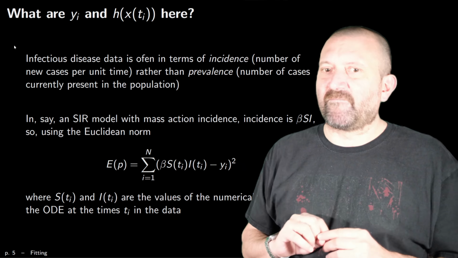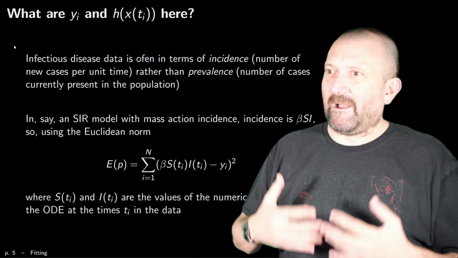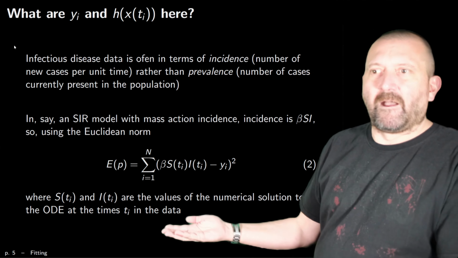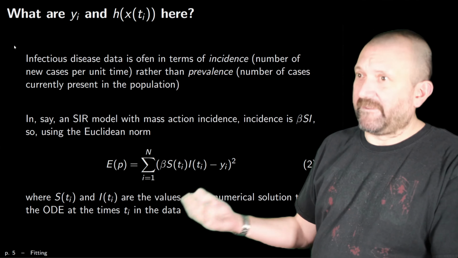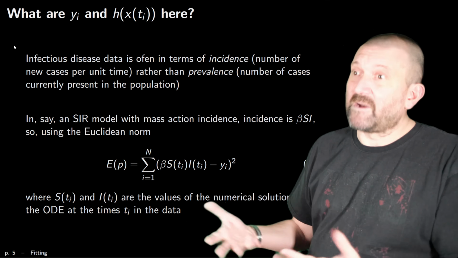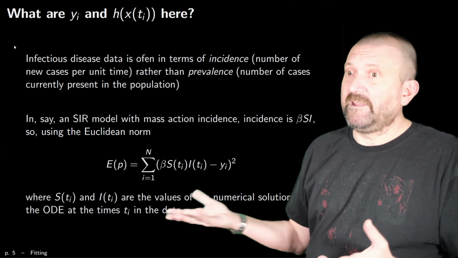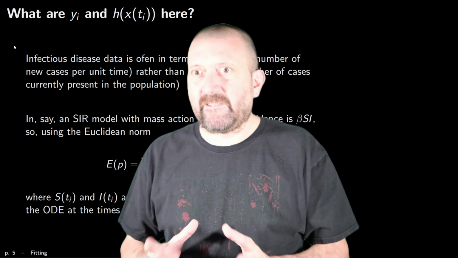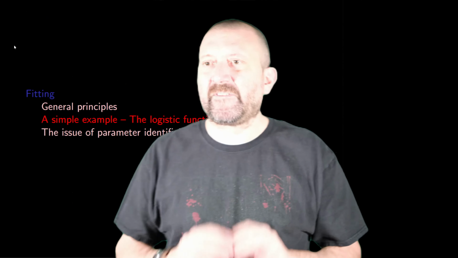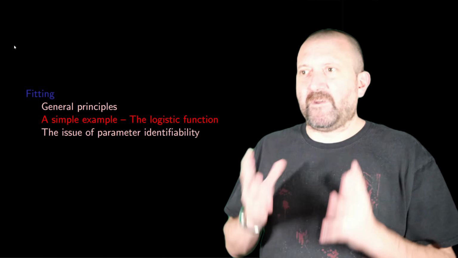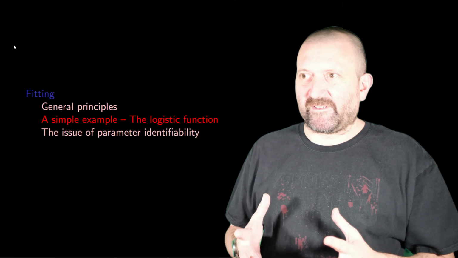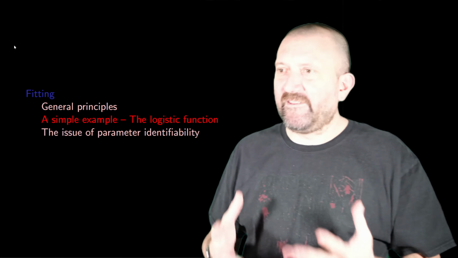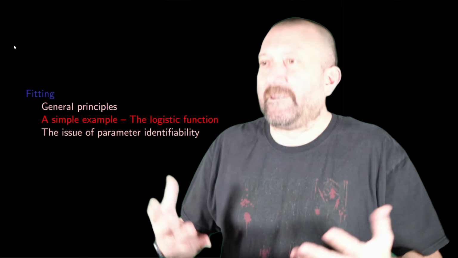That's what I would try to minimize. Here S of t and I of t are the numerical solutions to the ODE. We'll come back to that later, but before we do, I'm going to show you a very simple example that has the benefit of being very easy to understand.